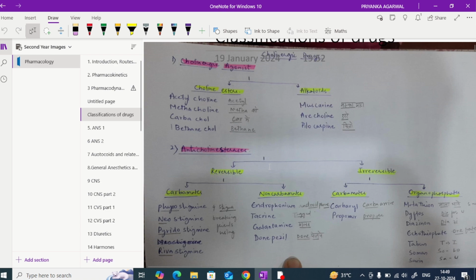If you just remember that story, you will remember the name of the drug, and that will be very specific for every classification. Okay, for example, here if you want to remember these 4 names, physostigmine, neostigmine, pyridostigmine and rivastigmine, you can remember them like these 4 stigma-breaking friends: physo, neo, pyrido and riva.